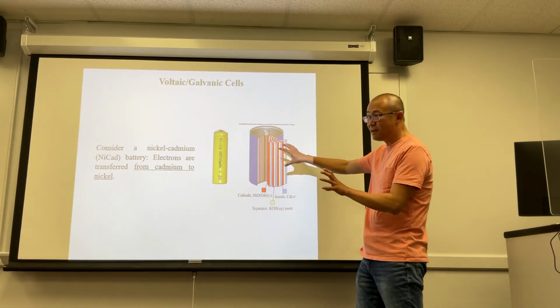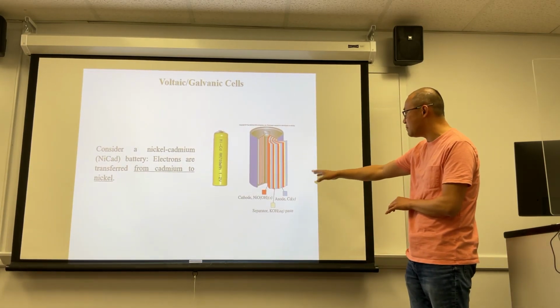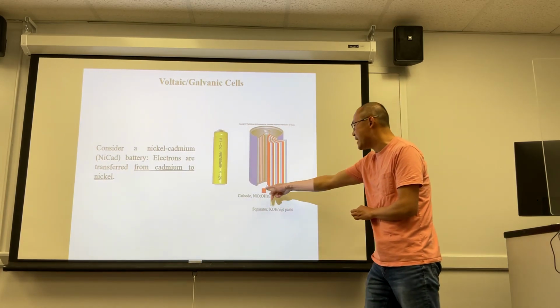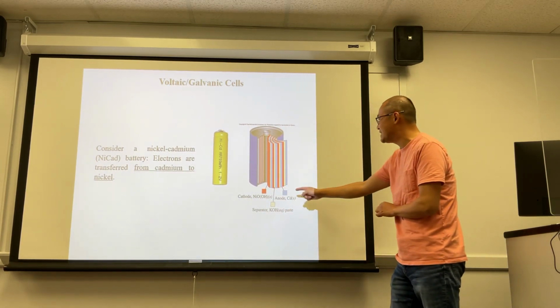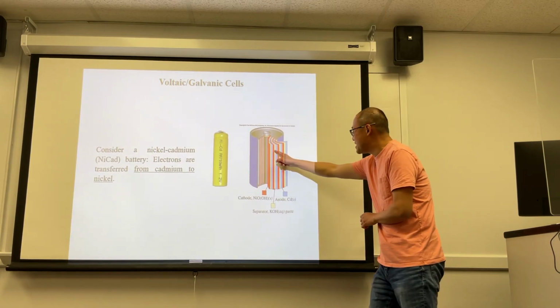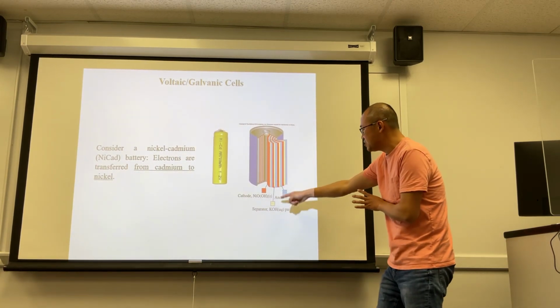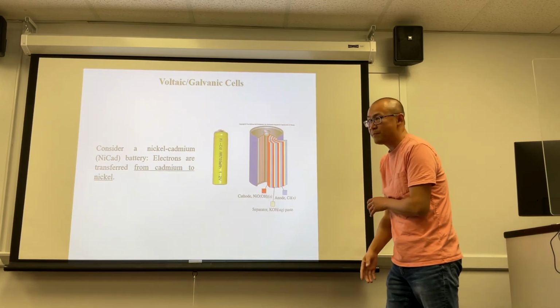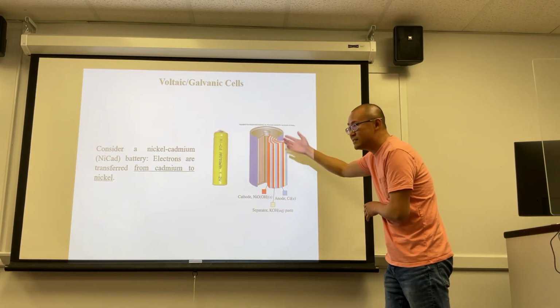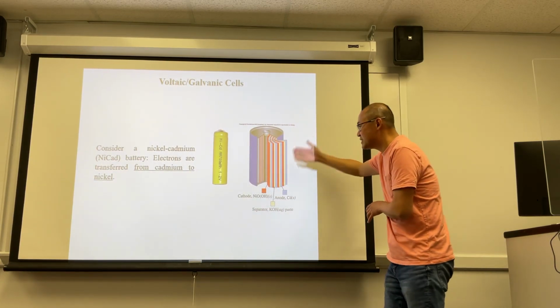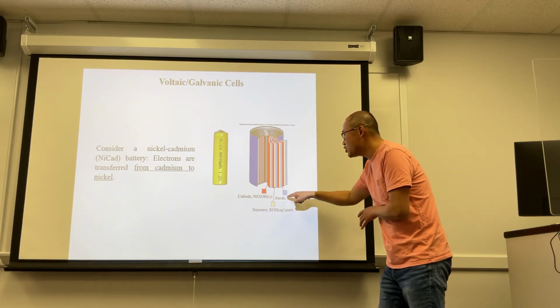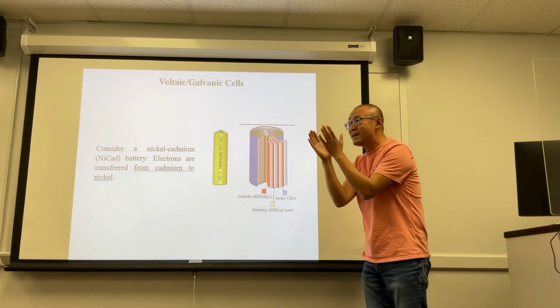This is the anatomy of this battery. You can see that the cadmium metal and the nickel metal are separated by these sheets of potassium hydroxide. The yellow ones are the separators. Why do we have to separate these two? Because we don't want them transferring electrons in direct contact.